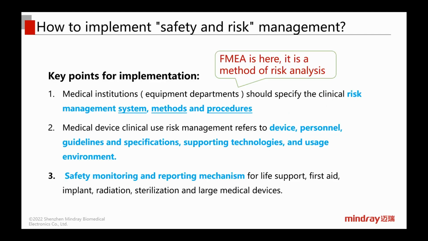At the end of this section, I wish to bring some key points on how exactly we can make this applicable. From a medical institution scale, we can first analyze from these three aspects: the degree of system, degree of methods, and degree of procedure. After that, we can come down to the medical device itself. We can look at, of course, the device itself.